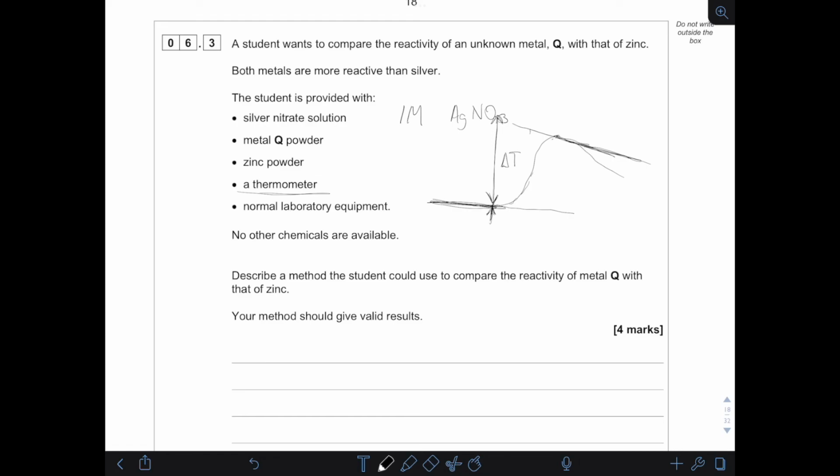You probably have done this calorimetry experiment before in a lab, hopefully. And if you haven't done that before, you should have learned it before.